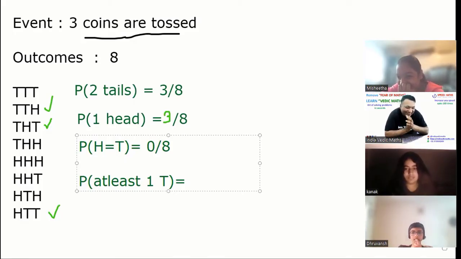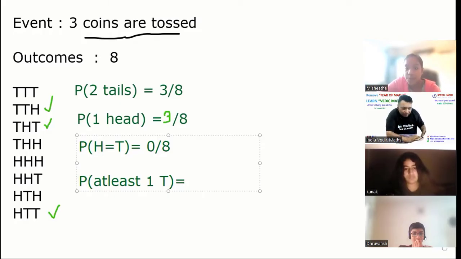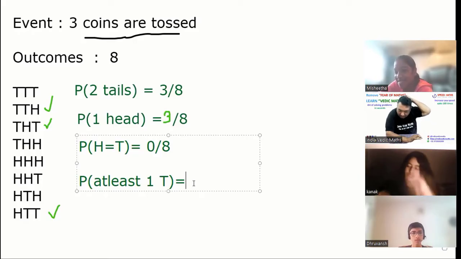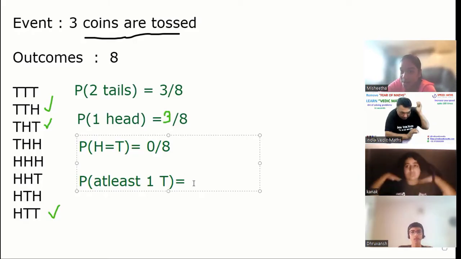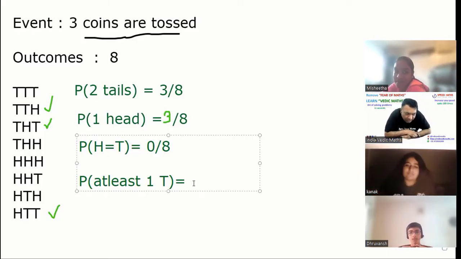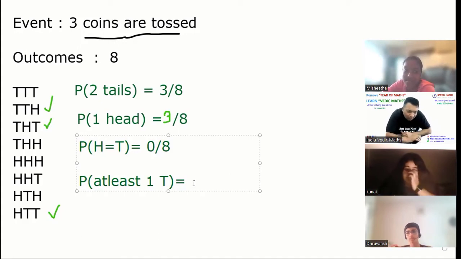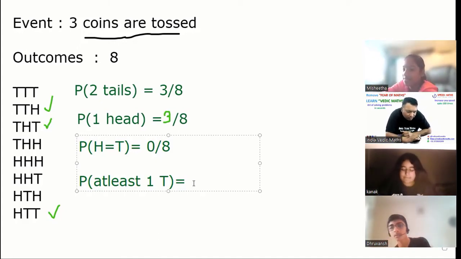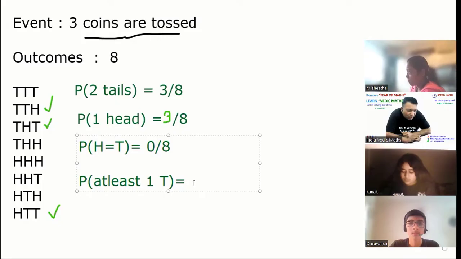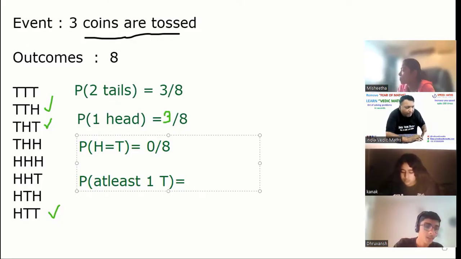Okay, Kanak is saying this much, Vedant is saying this much, Priyanka is saying this much. Let's see. At least 1 tail, guys. Okay, Dhruvansh, Mishita, Priyanka, Vedant, everyone. So, Dhruvansh, how will you solve this? At least 1 tail. Which outcomes are favorable to us?